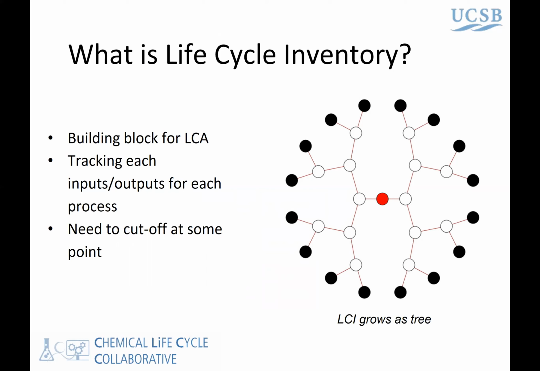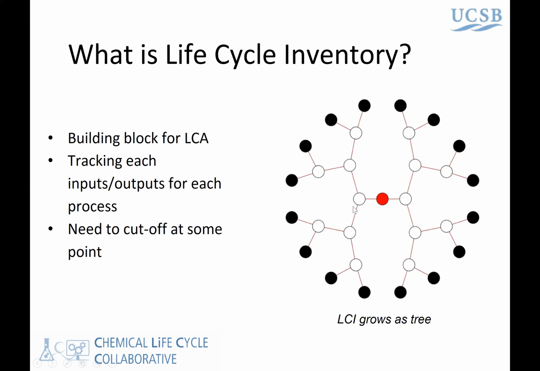For myself, I like to consider life cycle inventory as a tree, because LCA is not only recording the direct inputs and outputs for some product. For example, in this graph, each of the nodes represents one product, and in our case, those products are chemicals. So I'm just going to say chemical from now on. And it's not only recording the direct inputs and outputs, but also all of the upstream inputs as well. So it could have a lot of branches.